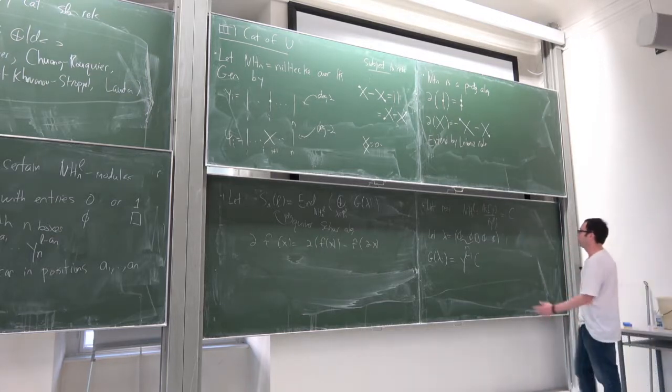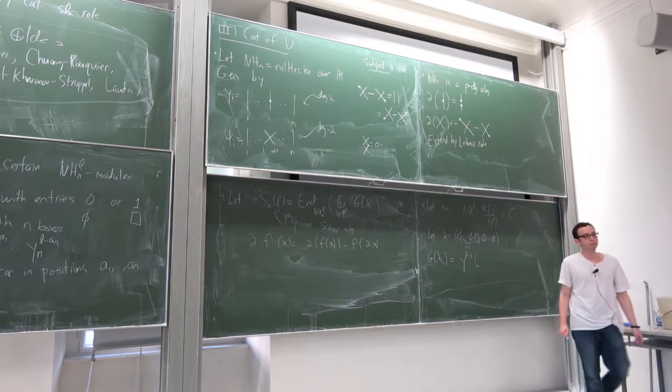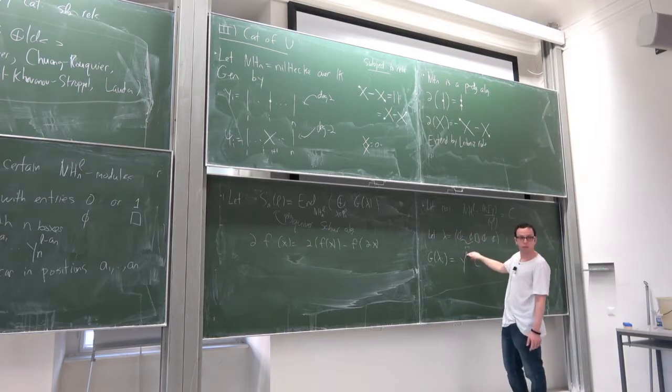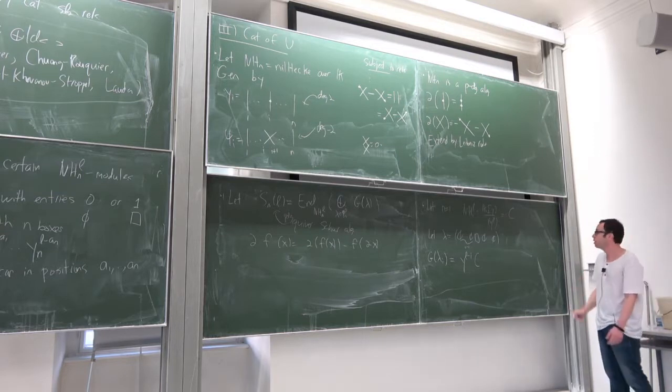And so I guess when this box is all the way to the right, it's just the algebra C, it's projective. And if the box is all the way to the left, then this exponent is really high and it's just one-dimensional. Okay, and in between we have various things.